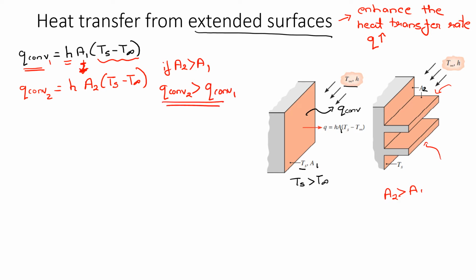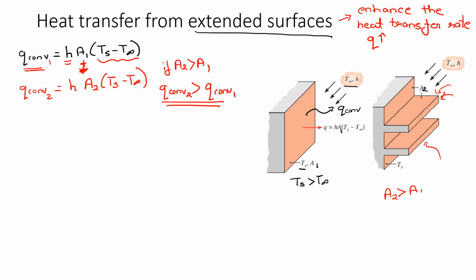So by just introducing small extended surfaces, you have enhanced your heat transfer rate. This is what we call extended surfaces, or in many applications we call it a fin or a set of fins, and these fins can be in different shapes and sizes. Anything that you attach to a surface to enhance your heat transfer rate is called a fin.